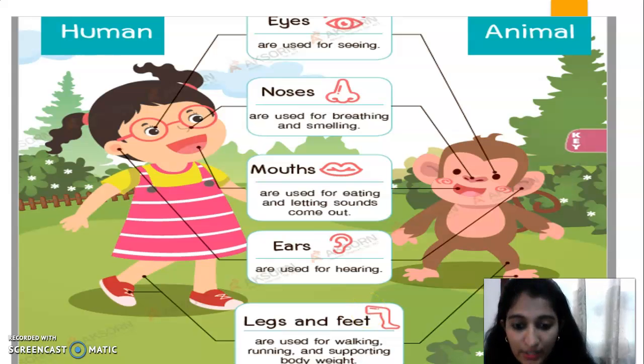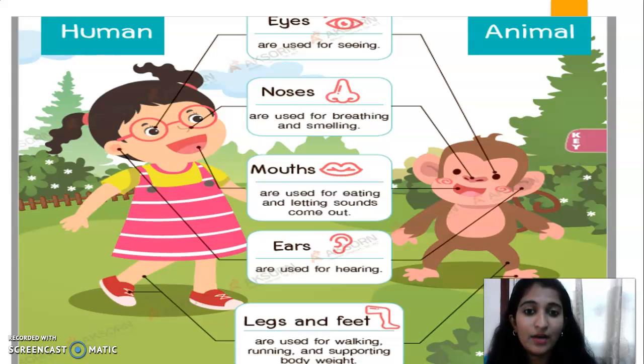We are walking, we are running, we are supporting our body weight. Our legs are responsible for holding the body weight. When we run and jump, it is all by the legs. These are the parts of humans and animals.